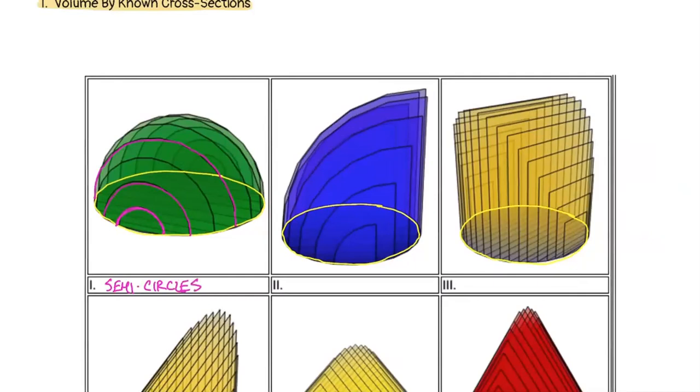And now I said we're going to be integrating today, and in particular, we're going to be integrating area. So I'm wondering if you can tell me what the area formula is for a semicircle.